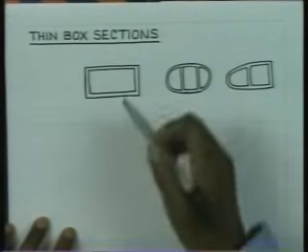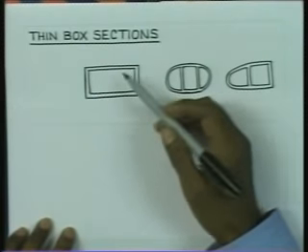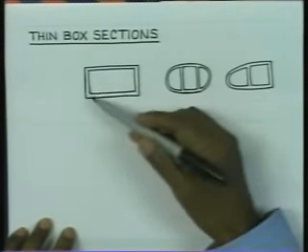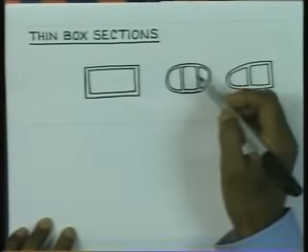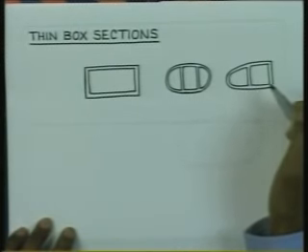They may look like this. You can have rectangular box sections like this with thin walls, they need not be uniform, or you could have a section like this compartmented or a section like this compartmented.